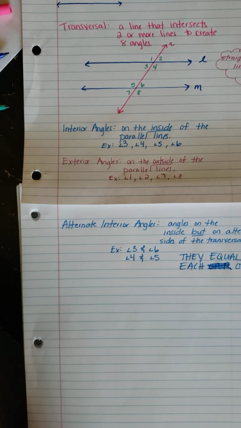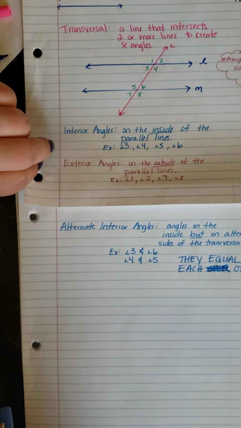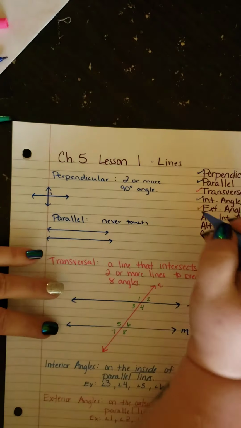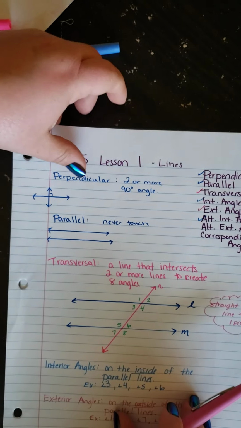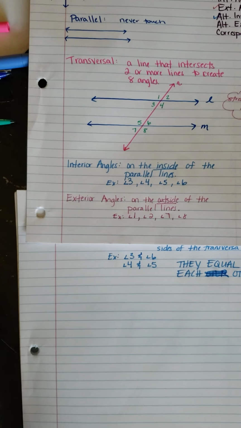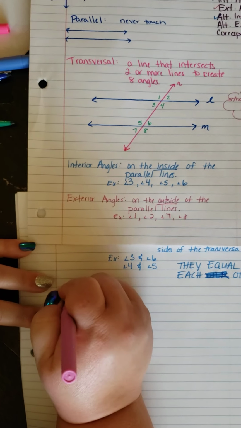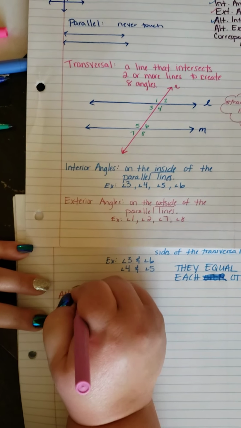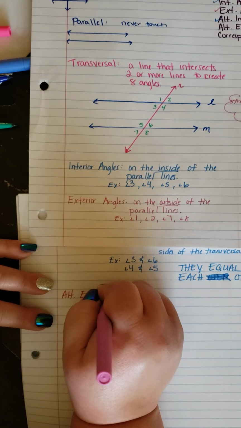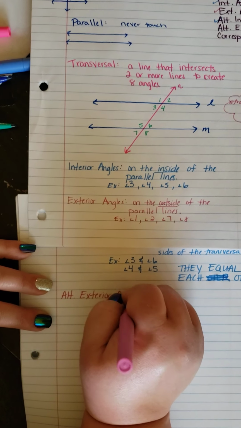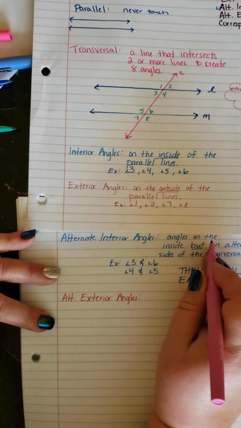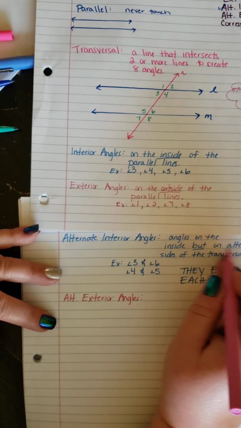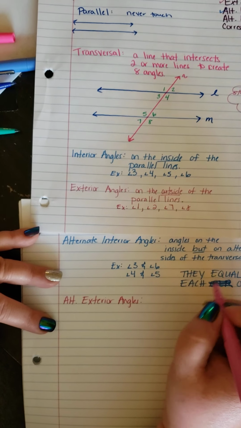Now, on the other side of that, I have my alternate exterior angles. My alternate exterior angles are on the outside, but on alternate sides of the transversal.